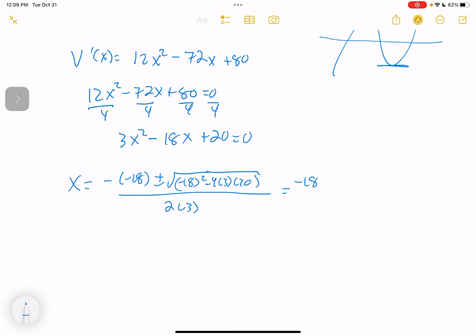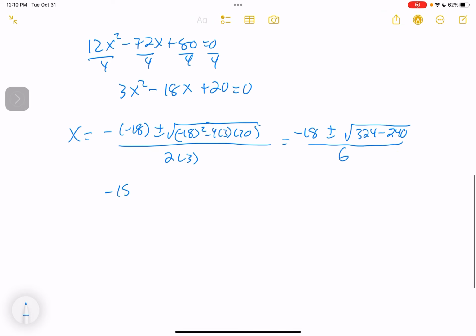So it's negative 18 plus or minus the square root of, and 18 squared, and my handy dandy calculator is charging. So let's pull on here. Handy dandy computer, 18 times 18. I should know this one. It's like 324. So we have 324 minus 4 times 3 times 20. So wouldn't it be 240? All over 6.